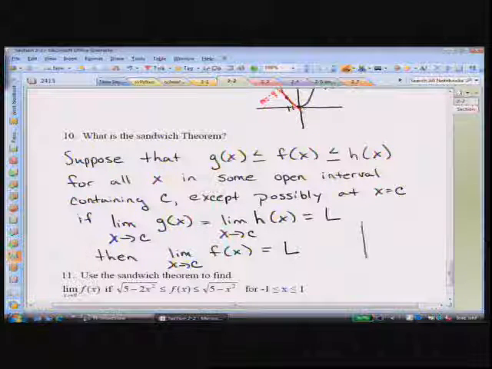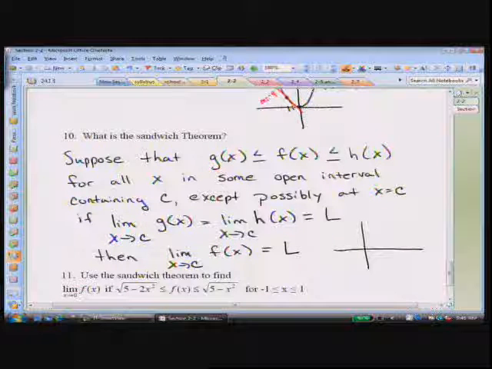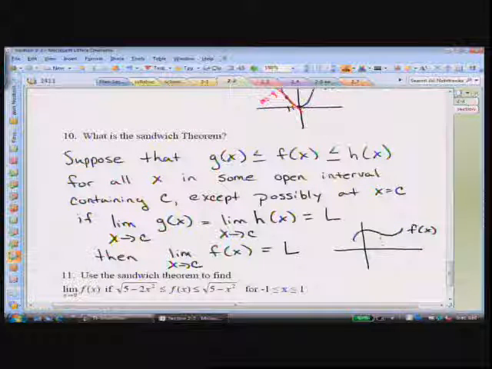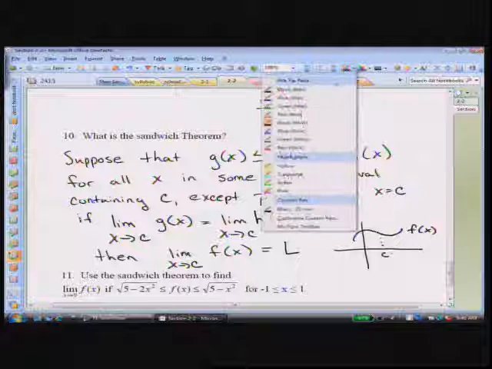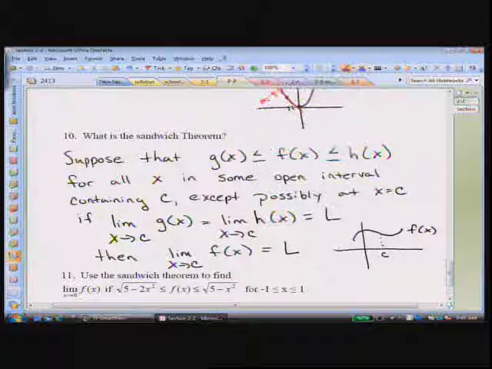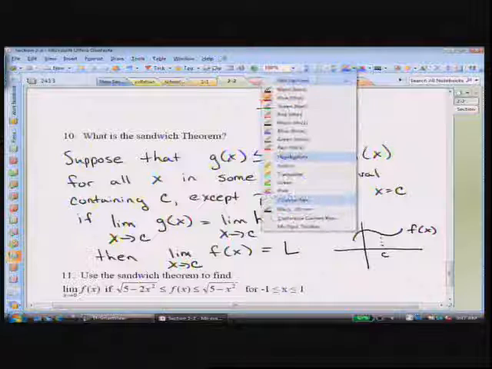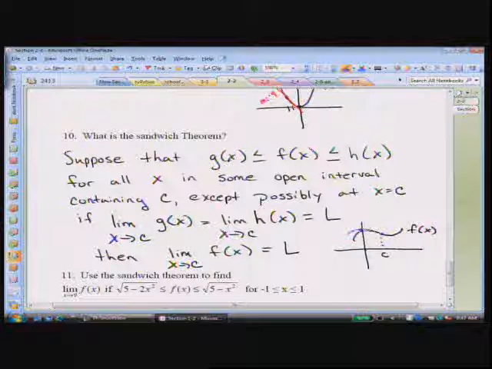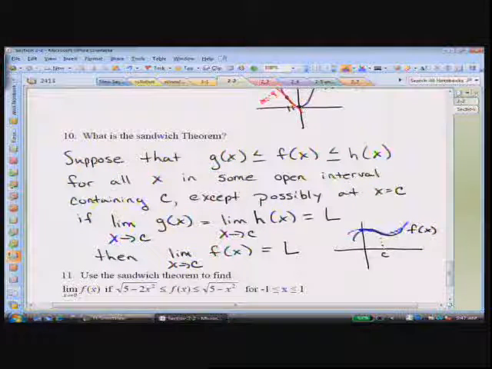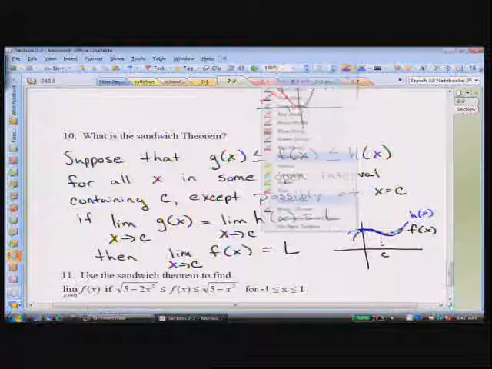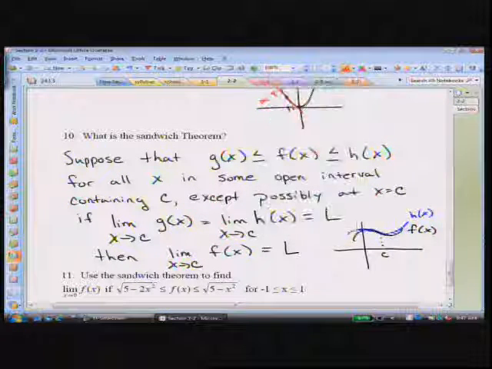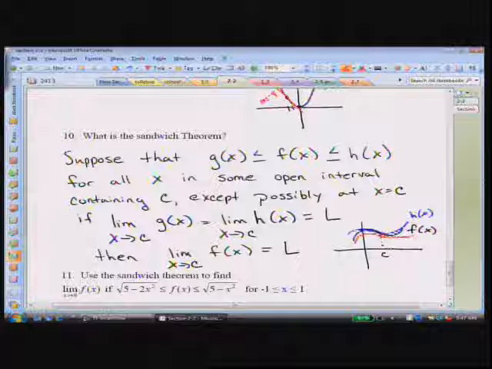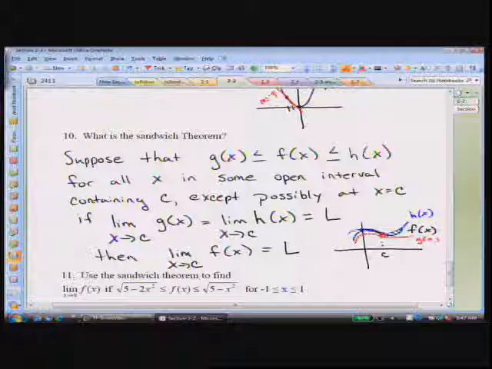So what they're saying visually is, if you have some function that you don't know, say f of x, and you want to know its limit at a point c, if you can find a function that is above it and closes in on a number, and we know the limit of that function, h of x, and then we have another one underneath it, and we know its limit is also that, then we can say that the limit of f of x is that as well.